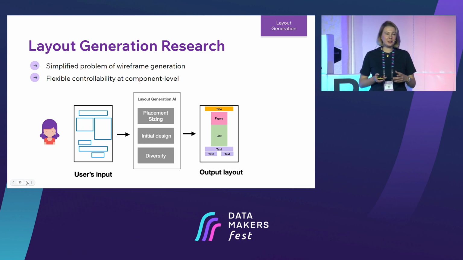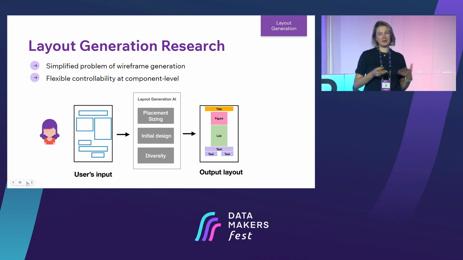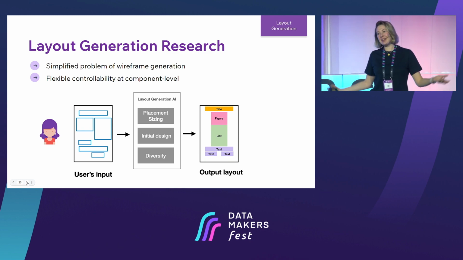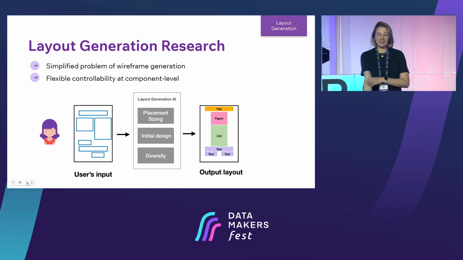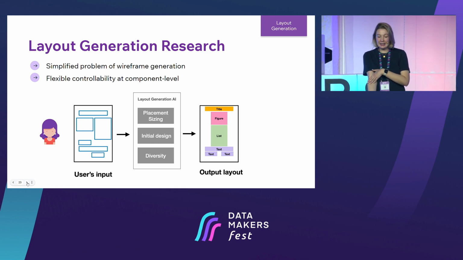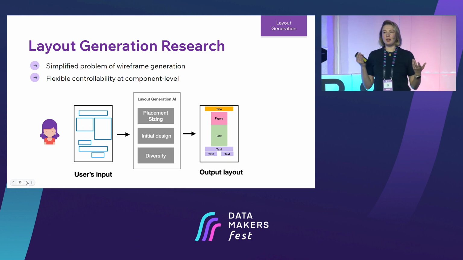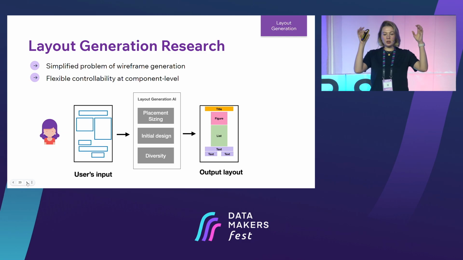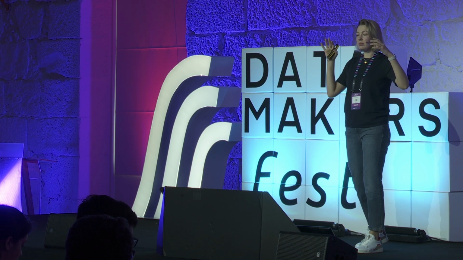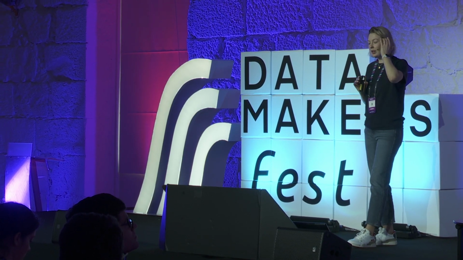But what researchers like to do when they have a hard problem is to simplify. And they say, let's simplify this problem of layout generation. Let's assume that the input is, let's say you are creating a PowerPoint presentation, and you just randomly add images and text on it. You don't really care where you put them, you just put them.